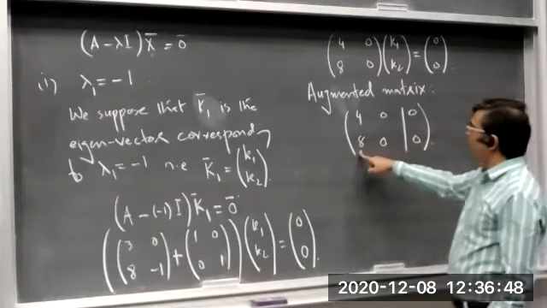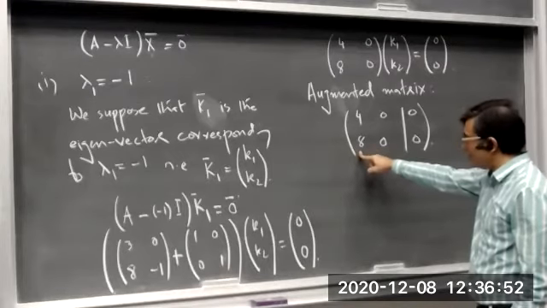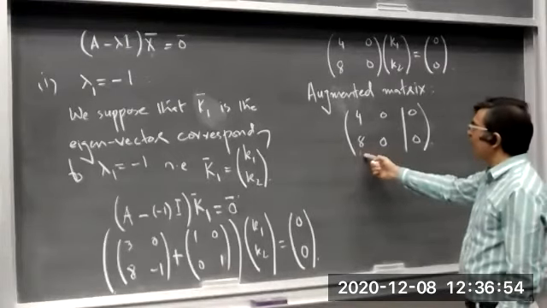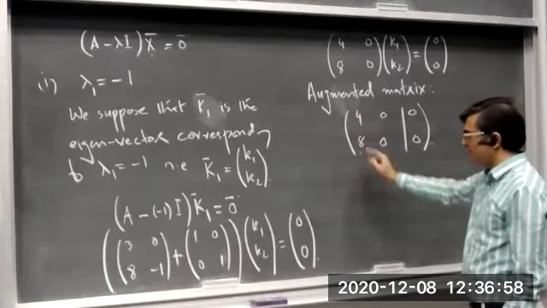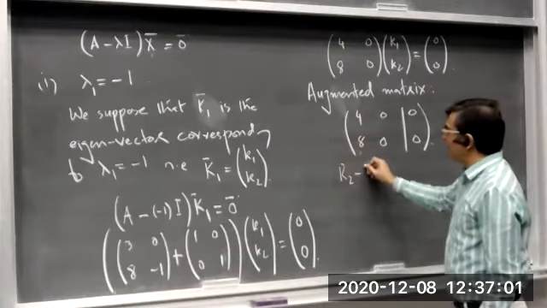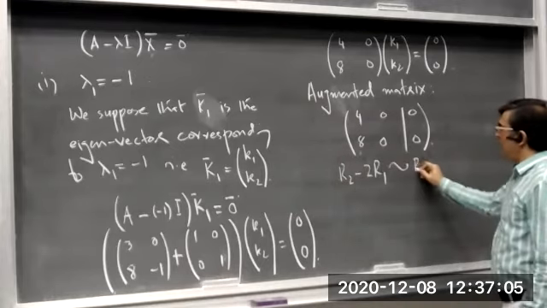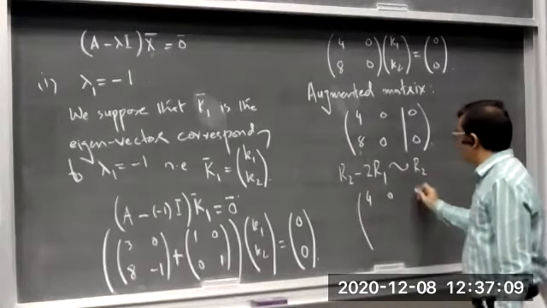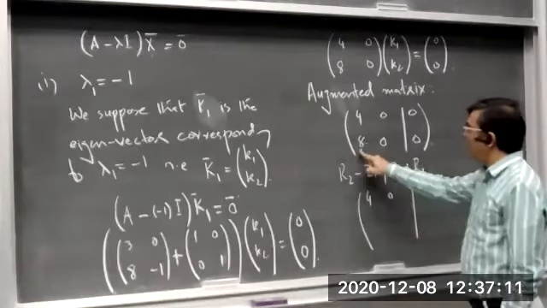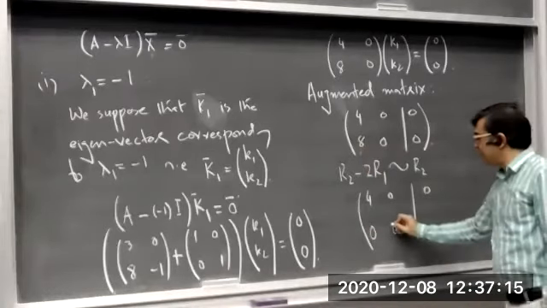Now, we are going to reduce it into echelon form. What do we do here? We multiply the first equation by 2 and subtract from the second: R2 minus 2R1. And we change R2. So it becomes 4, 0, 0, and this becomes 0, 0, 0.